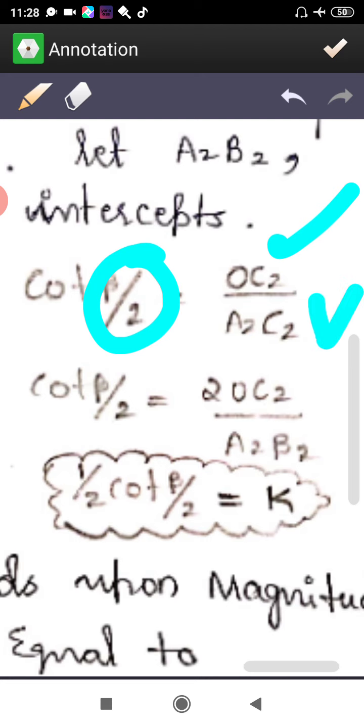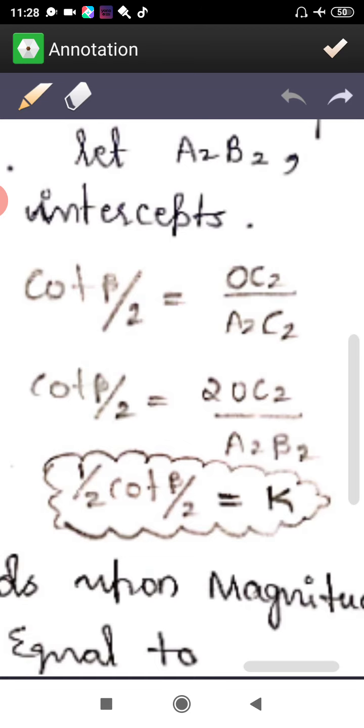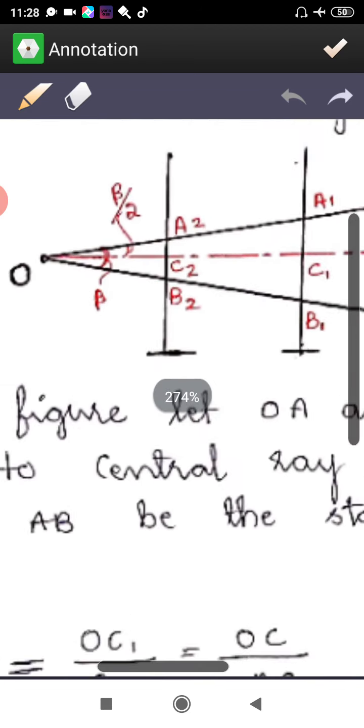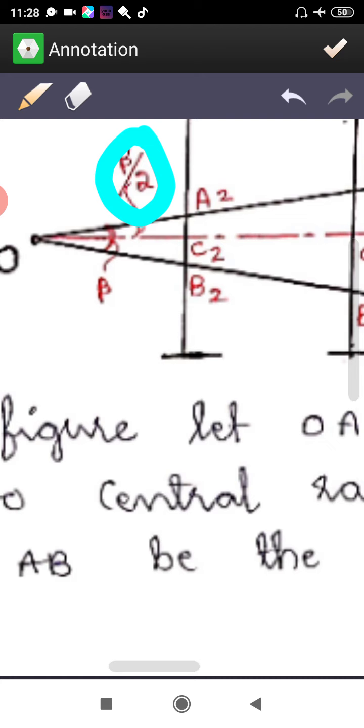If you check that figure here, this is going to be OC2 divided by this A2C2, this side. This is going to be beta by 2.